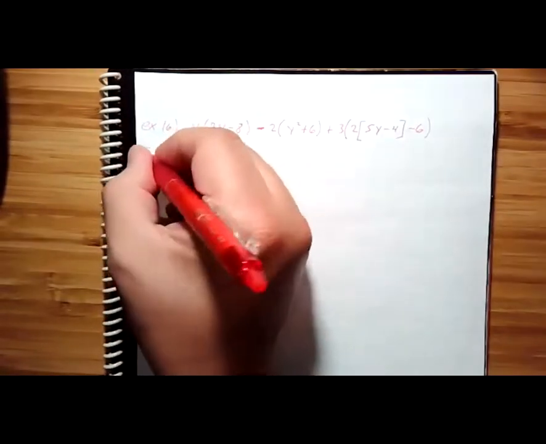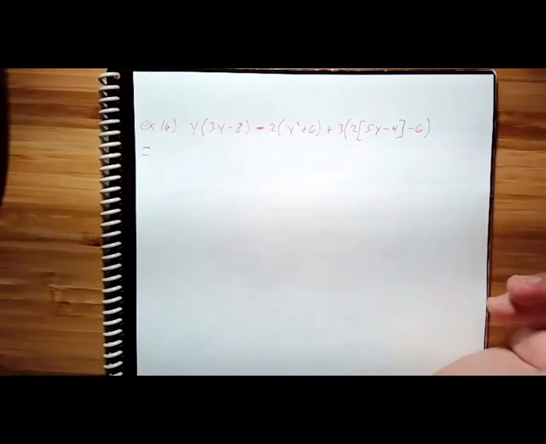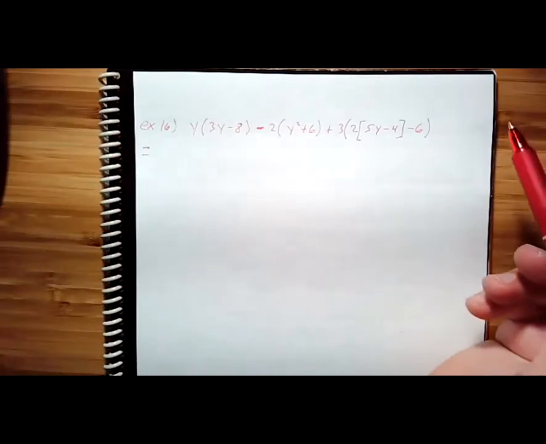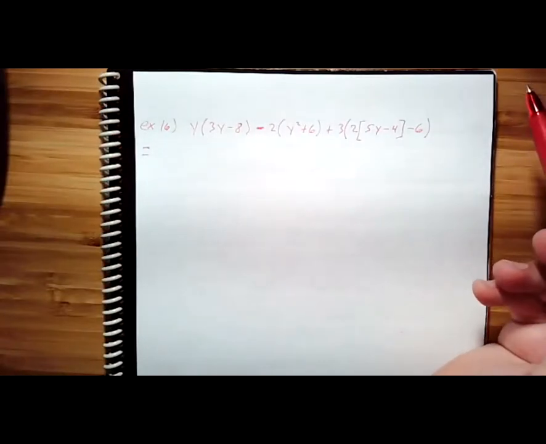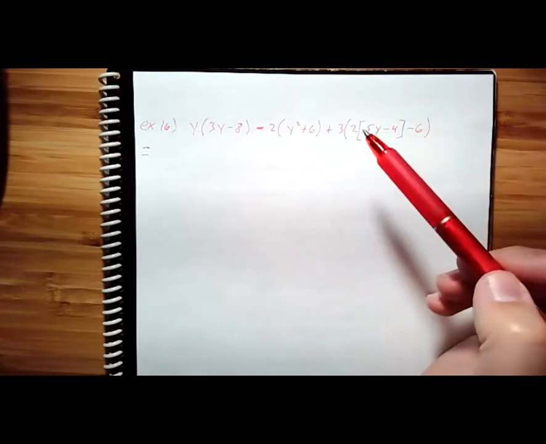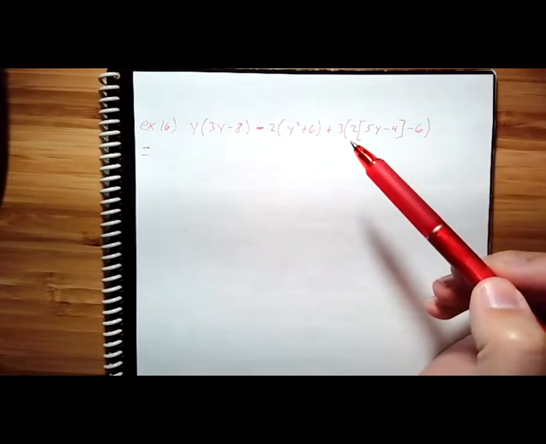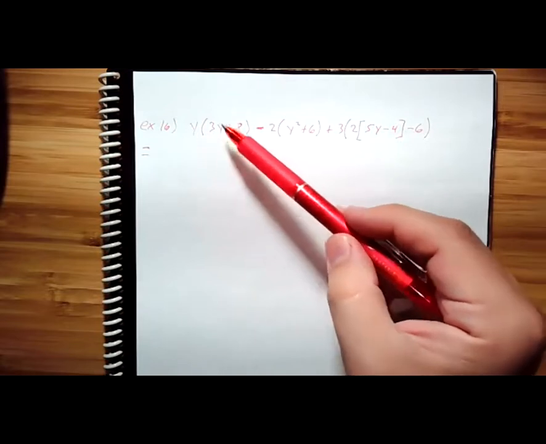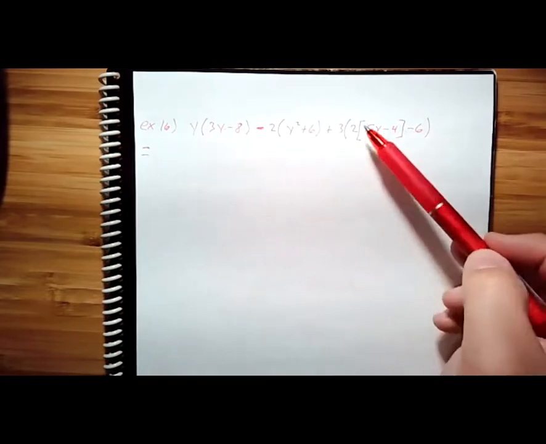Okay, so this one's kind of disturbing looking. It's not pretty at all, right? But this will test our rules of operations, PEMDAS. And it'll make us practice the distributions and signs all at the same time.